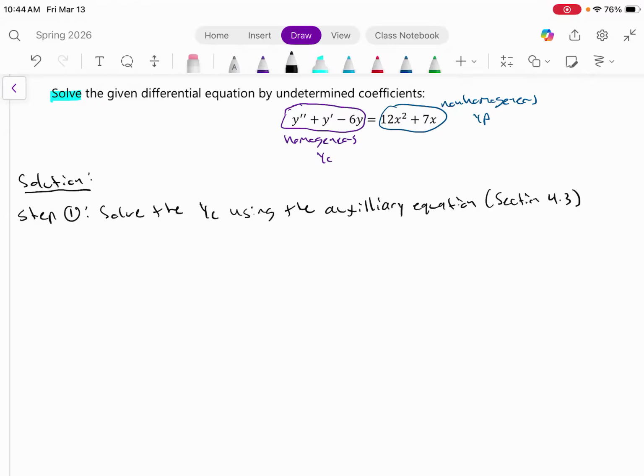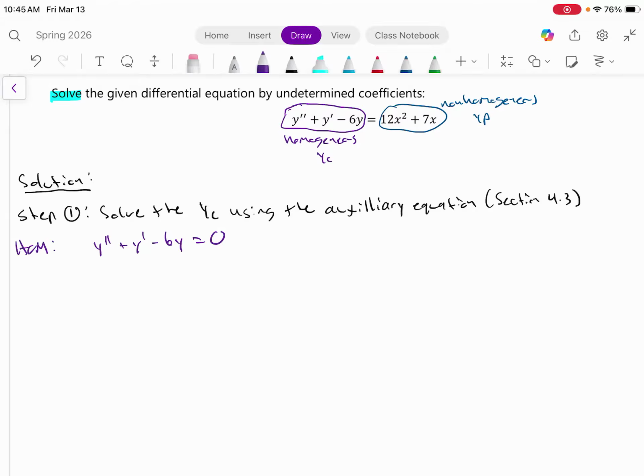So let's look at what the homogeneous portion of this differential equation would be. It would be y double prime plus y prime minus 6y equals 0. This is the homogeneous part, just the second order part right here.